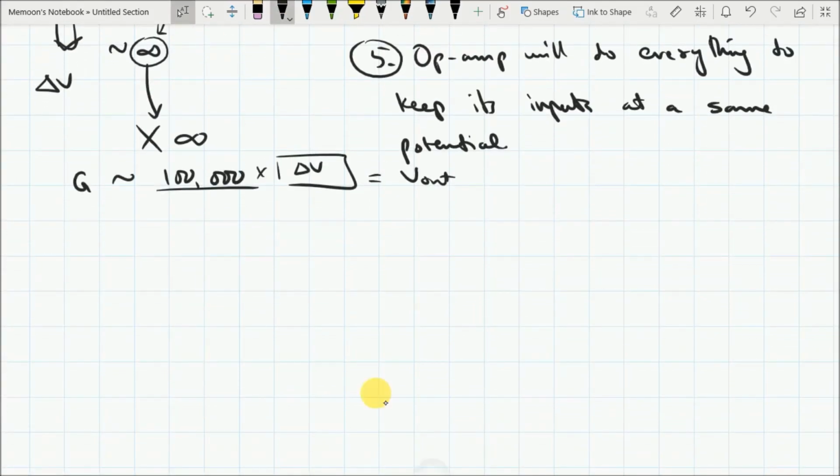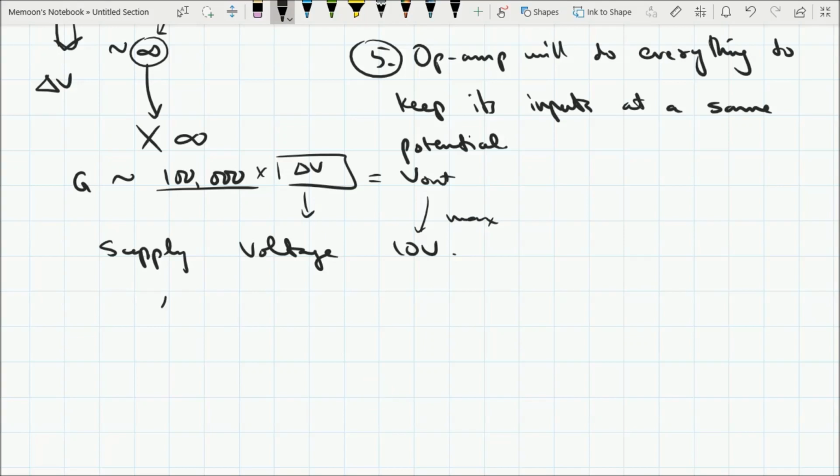Now let's say my supply voltage was 10 volts. So the V out can go maximum up to 10 volts because it will saturate at that point and it cannot go beyond the supply voltage. So to reach 10 volts, my delta V should be 1 times 10 raised to power minus 4 at max.